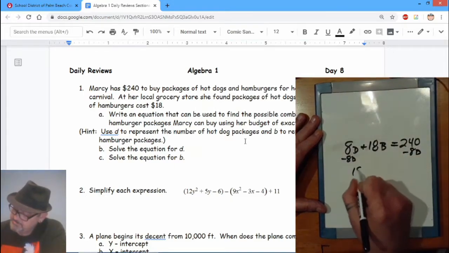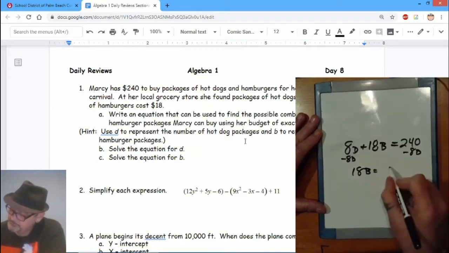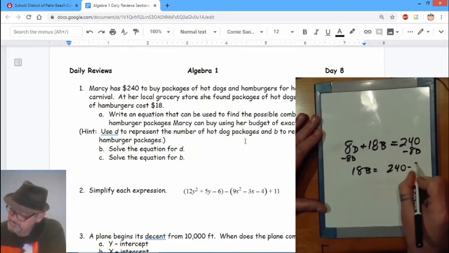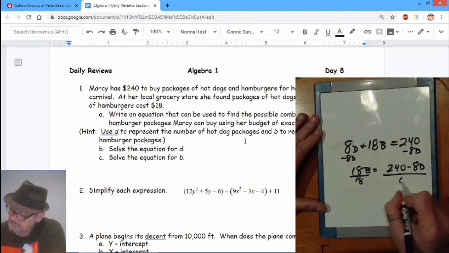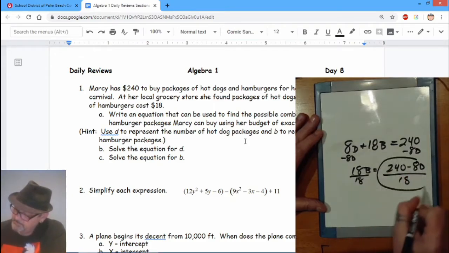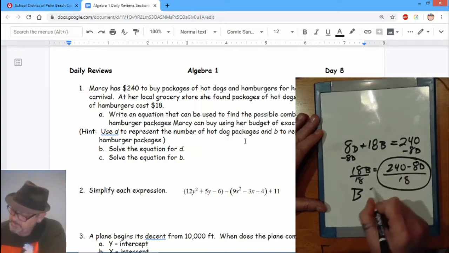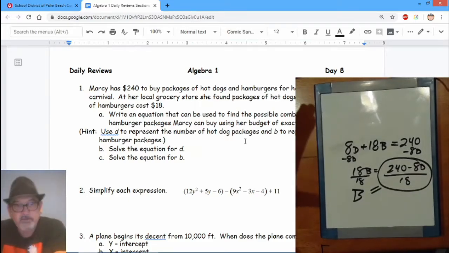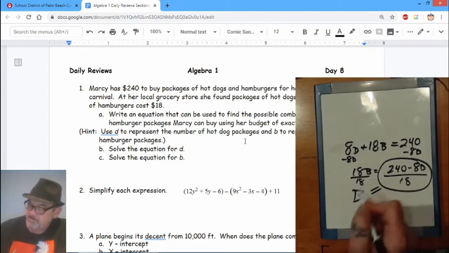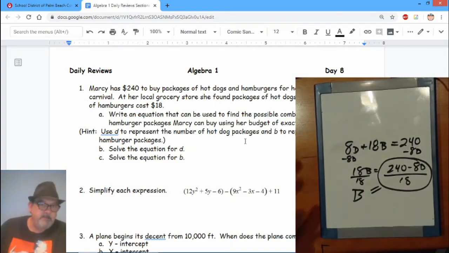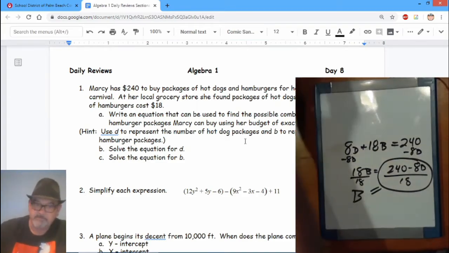That would give us 18B equals 240 minus 8D, and then divide by 18, and this would be B equals that right there. So it was a little difficult only because the answer wasn't like a single digit. It didn't come out to like B equals 7 or D equals 5. The answer came out as an equation. So that's what made that a little bit tricky since we haven't done those in a while.